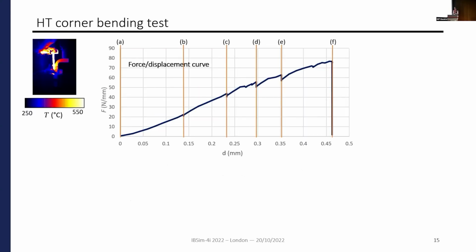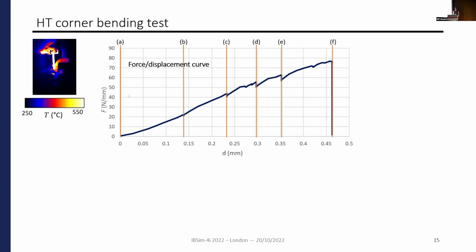And here are the results of one of the tests we carried out. You can see that the force displacement curve is quite difficult to exploit because there is some sliding, and it's not a conventional test. We performed 6 acquisitions during the test.